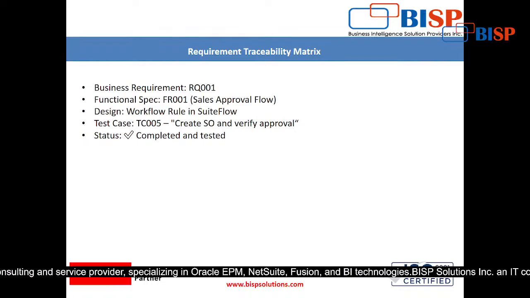Now design, you will see workflow rules in SuiteFlow, then test case TC005, creates SO and verify approval. Functional specification is FR001. Now see, RQ001, functional requirement is FR001, test case is TC005, after that status is completed and tested. That's it.